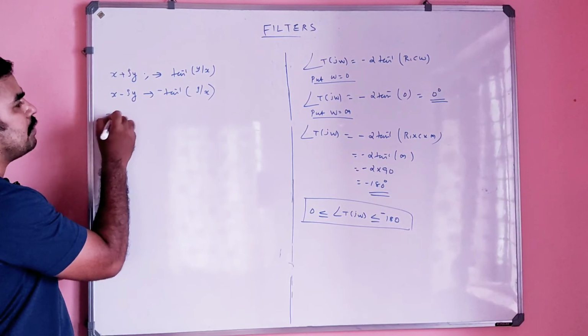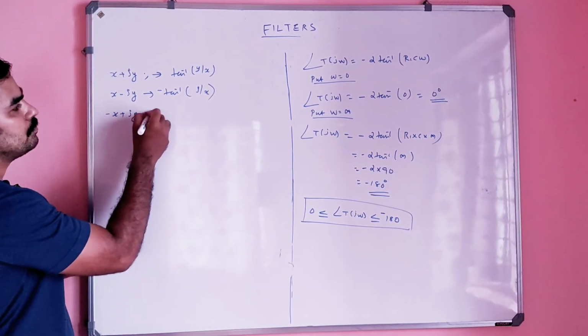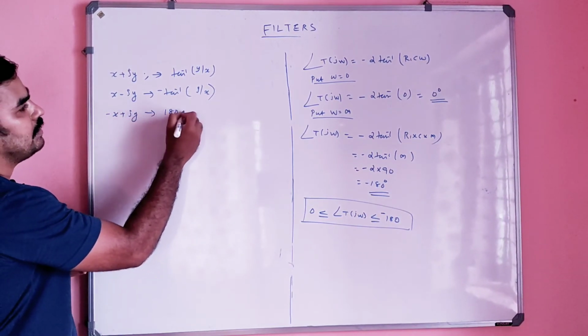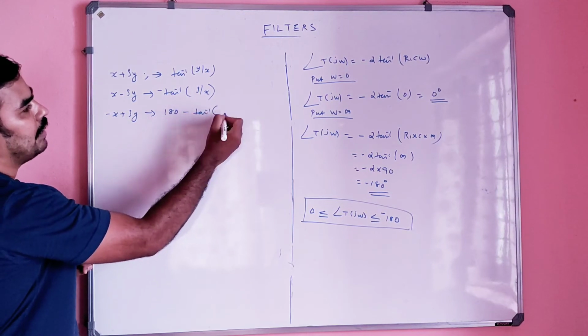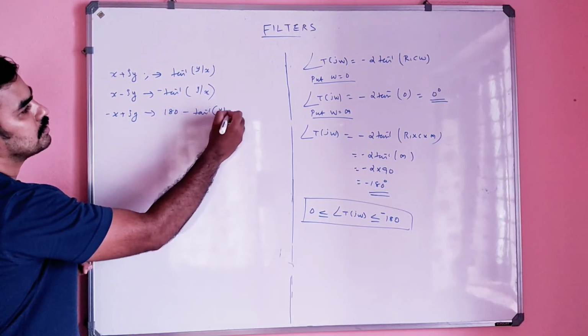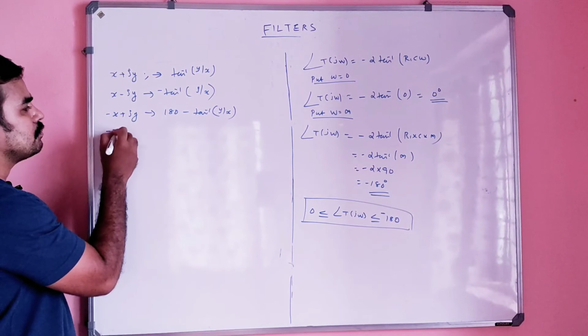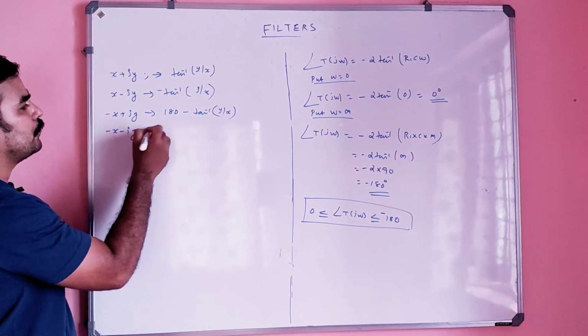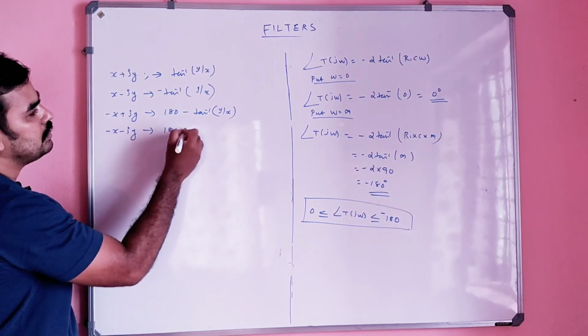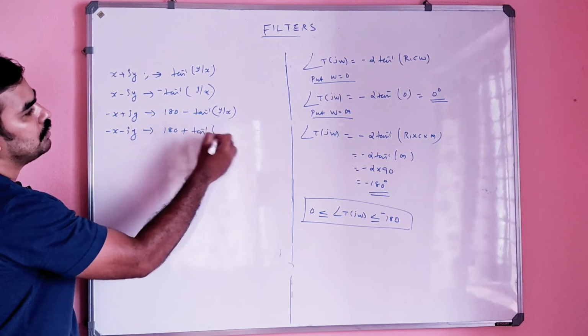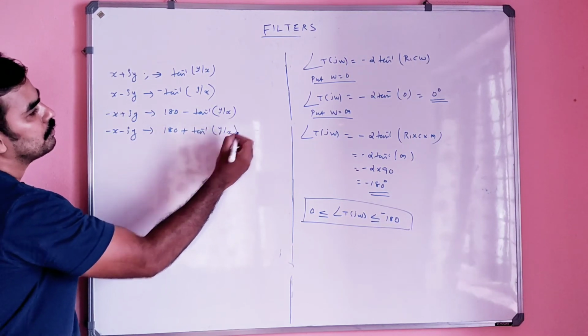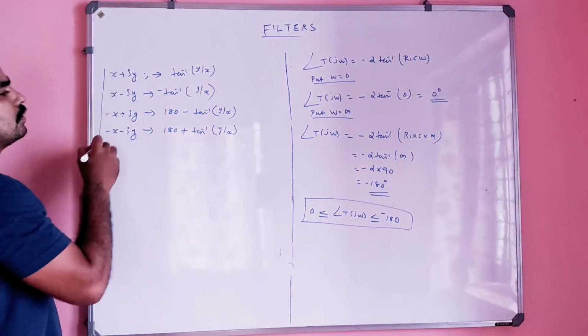If it is in the form minus x plus jy, the angle will be 180 minus tan inverse y by x. If it is in the form minus x minus jy, it will be 180 plus tan inverse y by x. Very, very important.